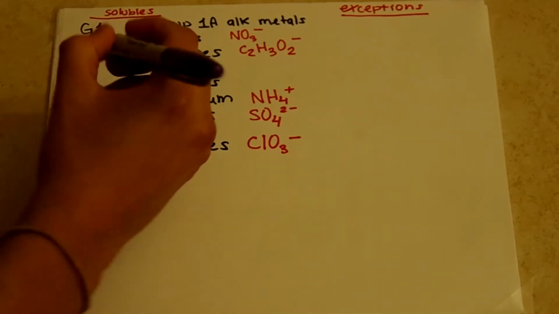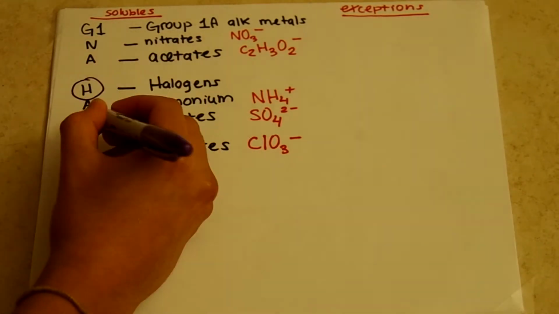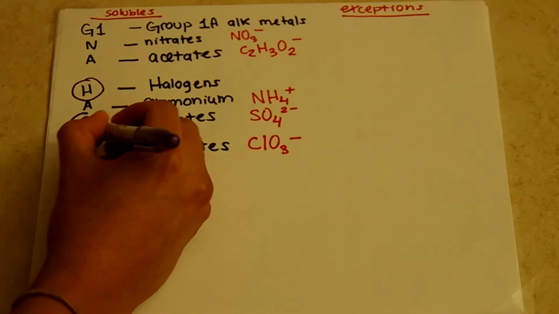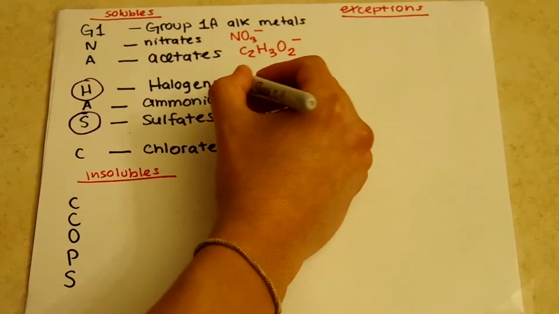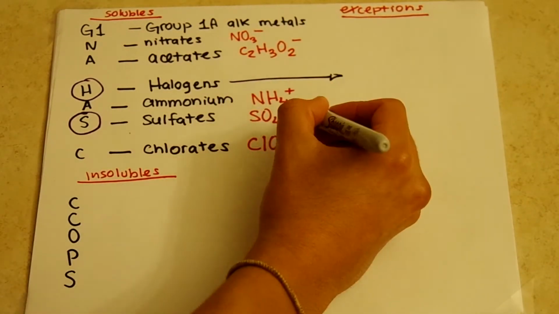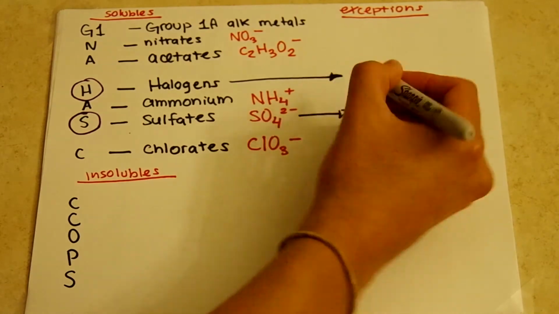Now, for our solubles, the halogens and sulfates are the only ones that are going to have exceptions. For the exceptions for the halogens, just remember the three simple letters HAP.